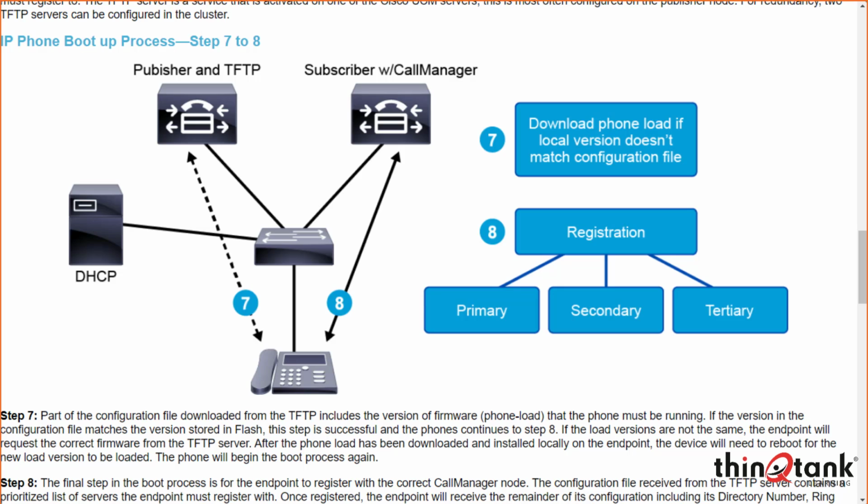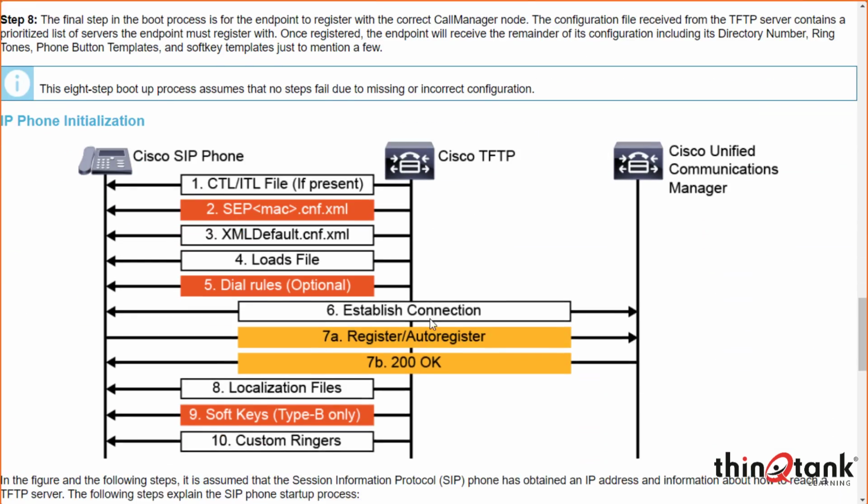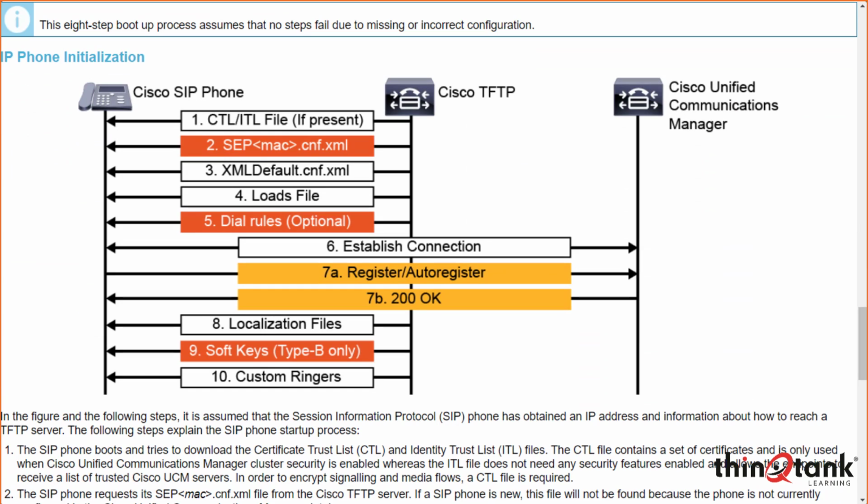All right. Now, as I go into the boot up process here, I'm going to talk about some of the similarities between them, but I already pointed out some of the differences. So let's take a look at the phone initialization process, and that'll be the last thing we talk about here. As I mentioned, it is going to be slightly different for an SCCP phone as opposed to a SIP phone.